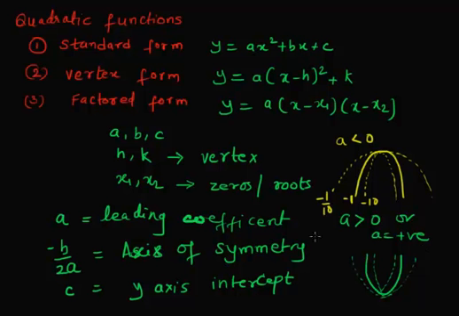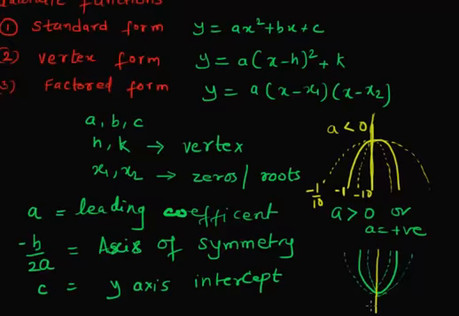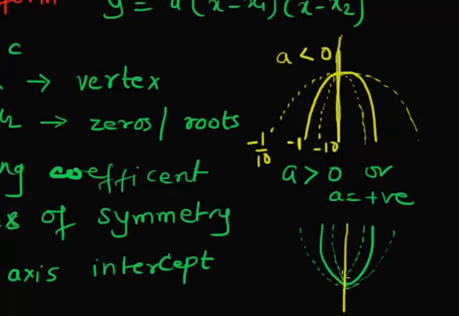This represents the axis of symmetry. It is symmetric to the y-axis or parallel to the y-axis. Similarly, this graph also is symmetric, parallel to the y-axis. And the y-axis intercept is a point on the y-axis where the graph meets.